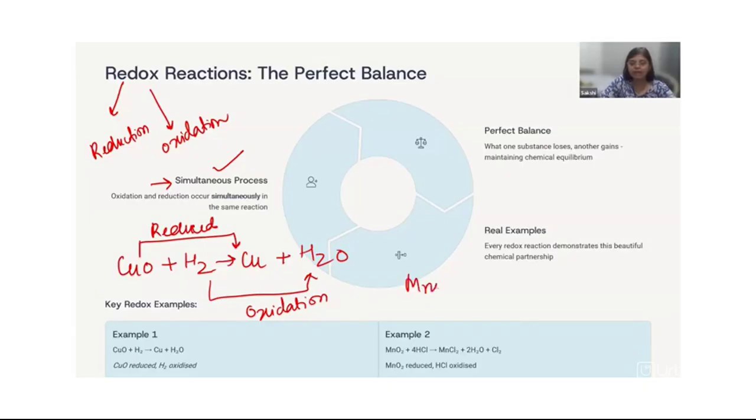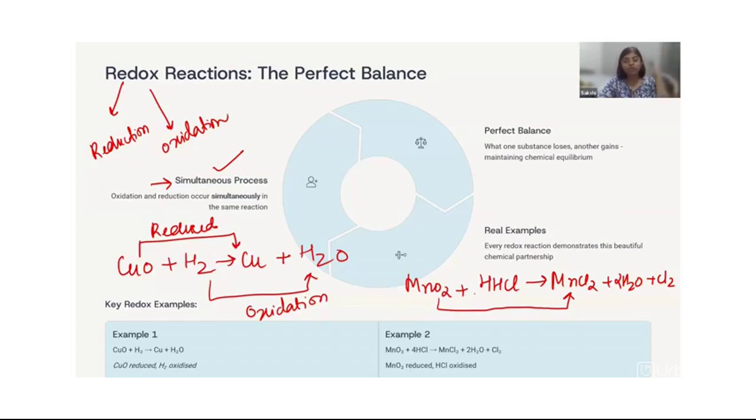Next, we have manganese oxide plus 4HCl. What are we getting? We are getting MnCl2 plus 2H2O plus Cl2. Now tell me what is getting oxidized and what is getting reduced. If you see here, MnO2 to MnCl2, quickly tell me what is happening. Yes, reduction.